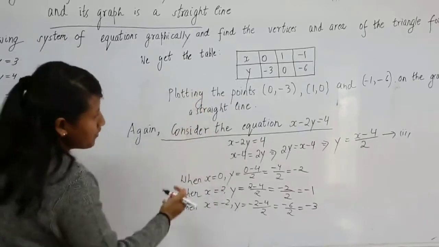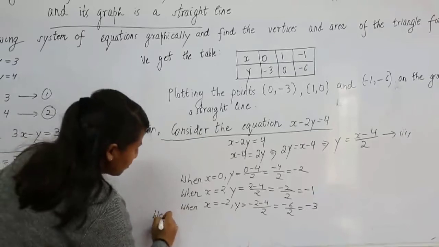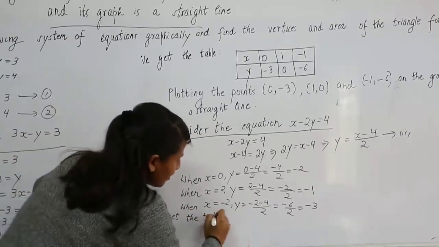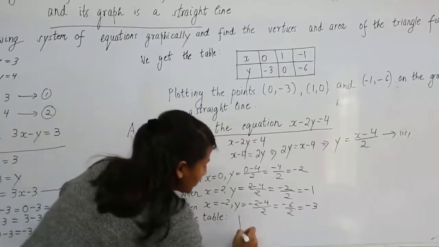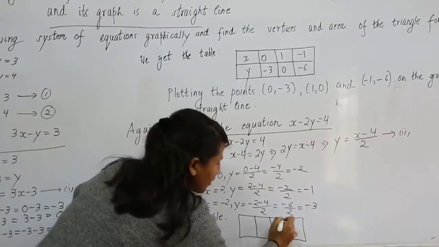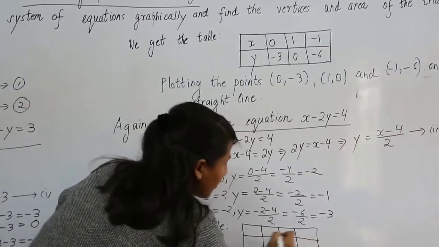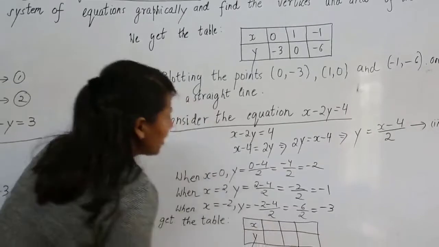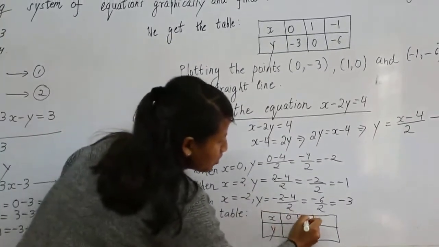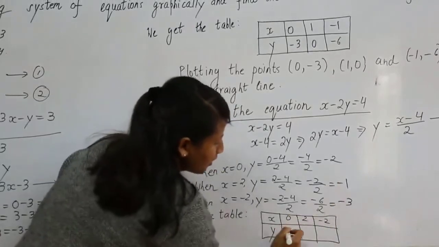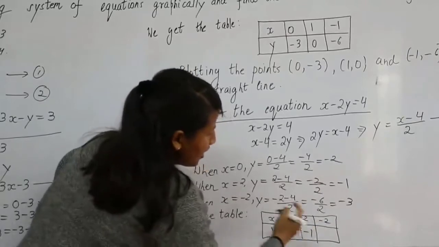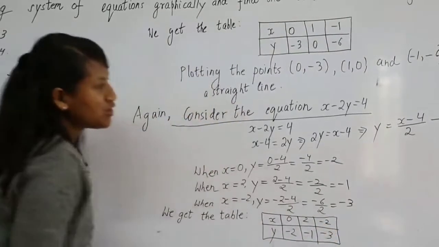Repeat what we did for the previous equation. We get the table. This table is very important. For x we have 0, 2, minus 2, and here for 0 we get minus 2, for 2 it is minus 1, and for minus 2 it is minus 3.